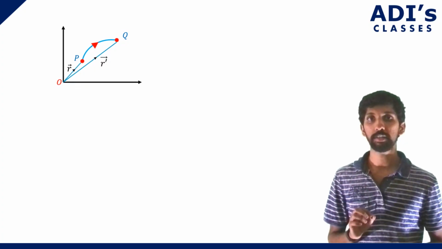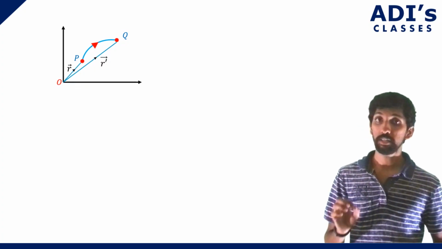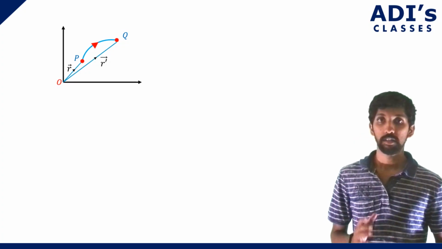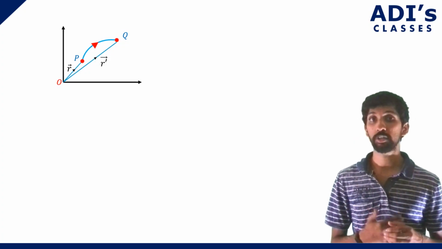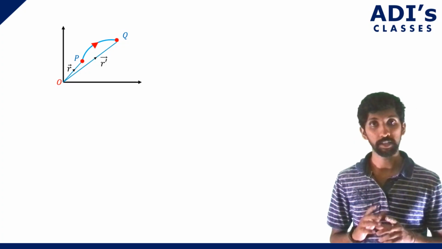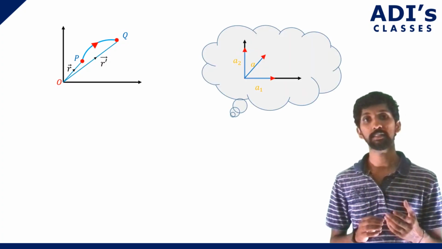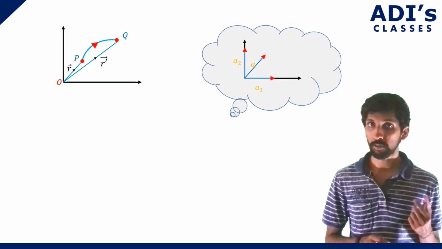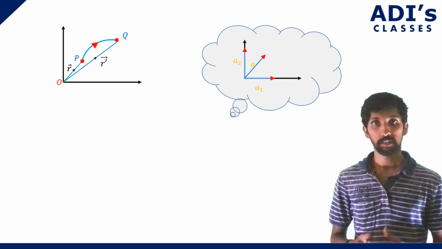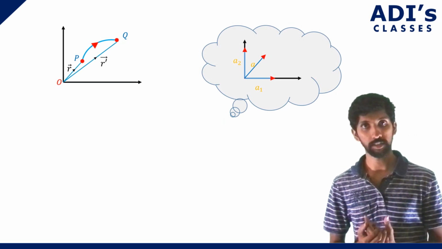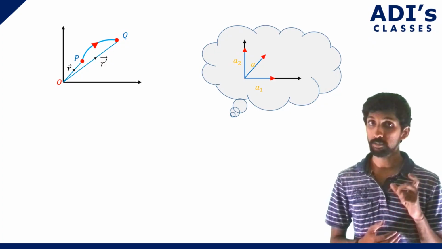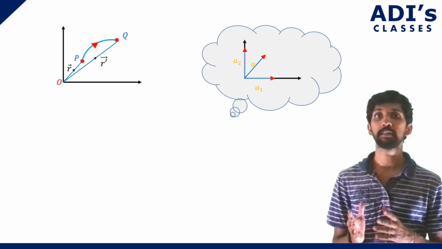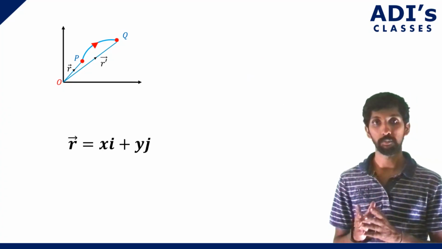Now in this particular scenario, your point P is at position vector R. When we are talking about position vector in an xy plane, I can represent this in terms of x component and y component. Remember resolving of vector we did, right? This is how we resolve a vector. R is the resultant, and we need to take it in terms of x component and y component.